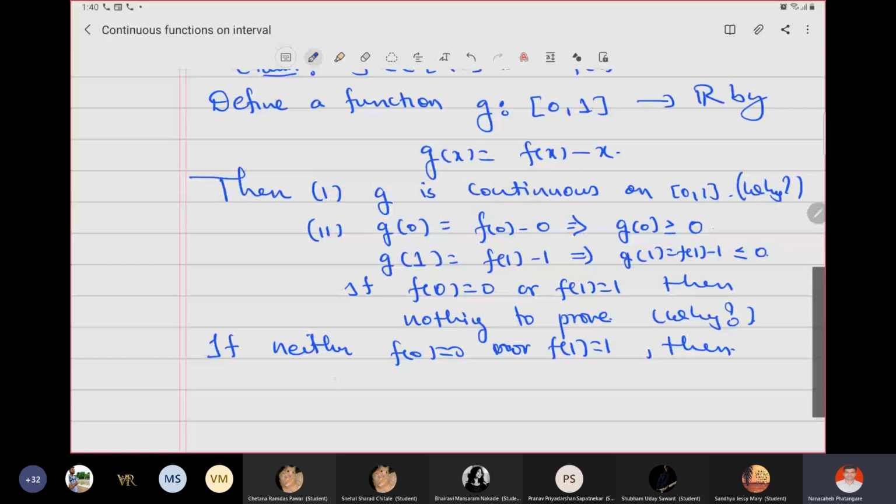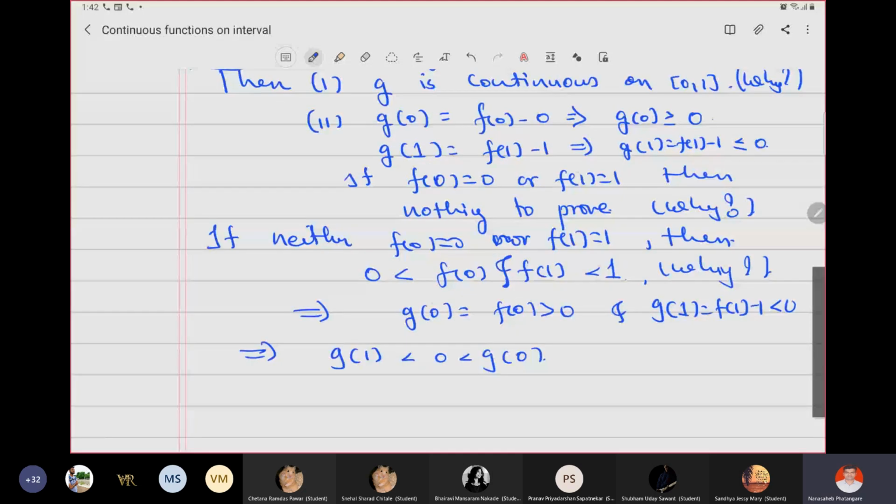Which theorem can we apply? The product g of 0 times g of 1 is negative and g is continuous.